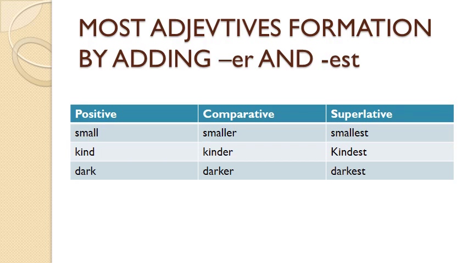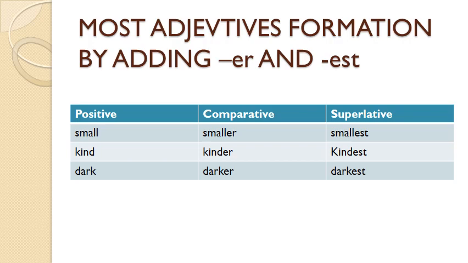Similarly, we can see one more example: kind. We are adding er at the end of kind to convert this into a comparative degree, and est, kindest, into a superlative degree. Similarly, one more example is given here: dark. Dark is in positive degree.